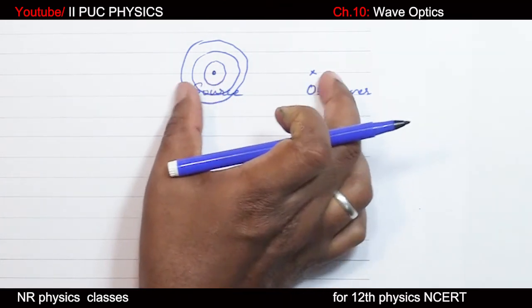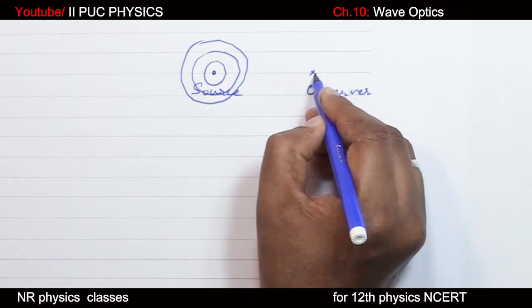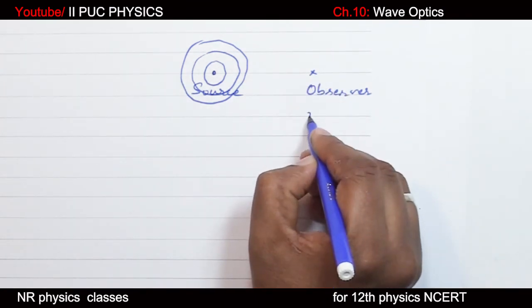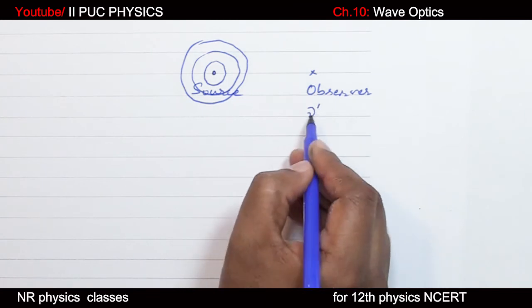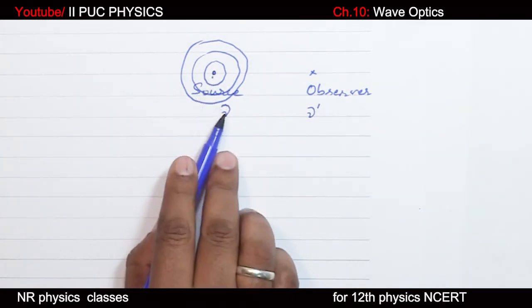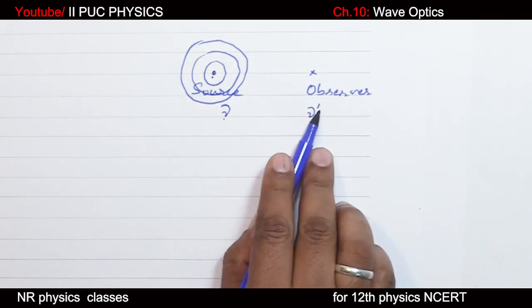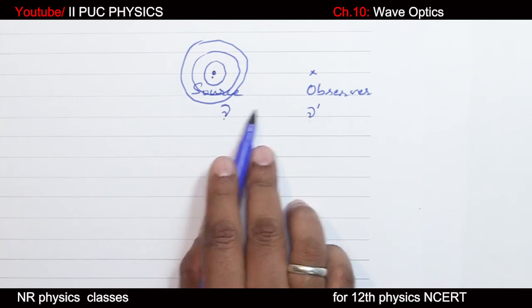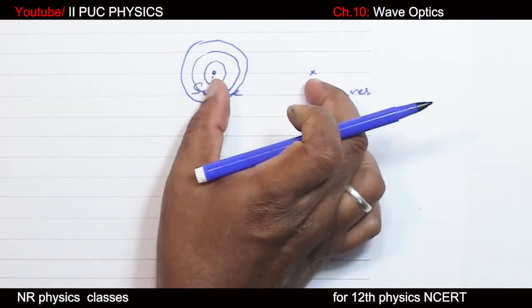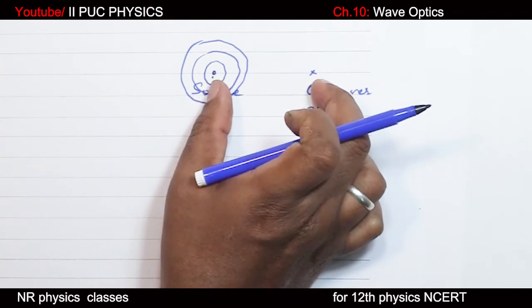If there is relative motion between source and the observer, then the frequency heard by the observer is different from the actual frequency nu. Source is emitting frequency nu, but the observer observes some other frequency. So this change in frequency due to relative motion between source and the observer is called Doppler effect.